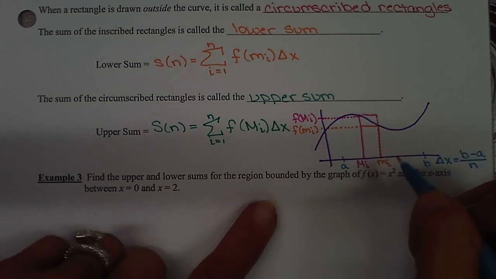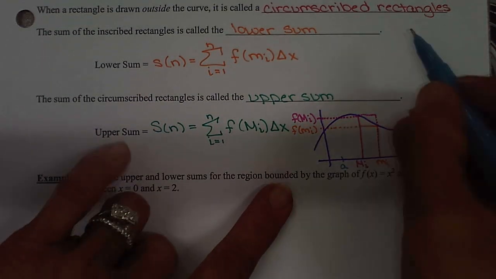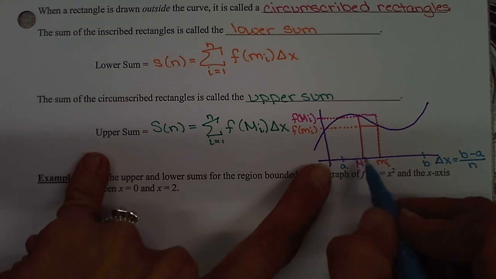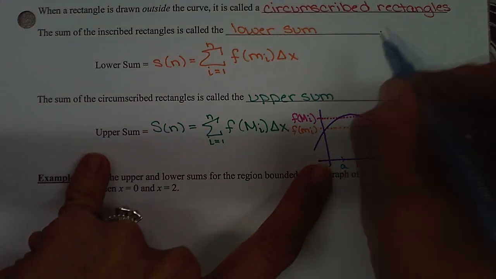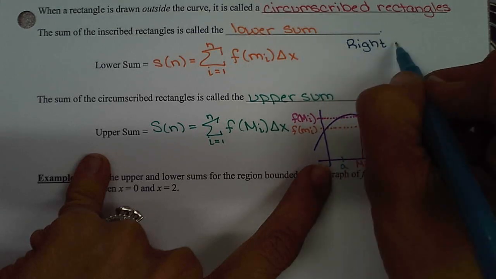let's do it by right and left. So if I want to find my right endpoint, so we'll put here our right endpoints.